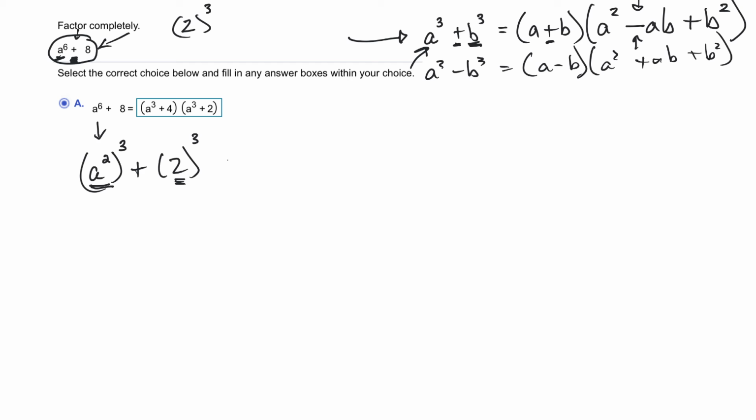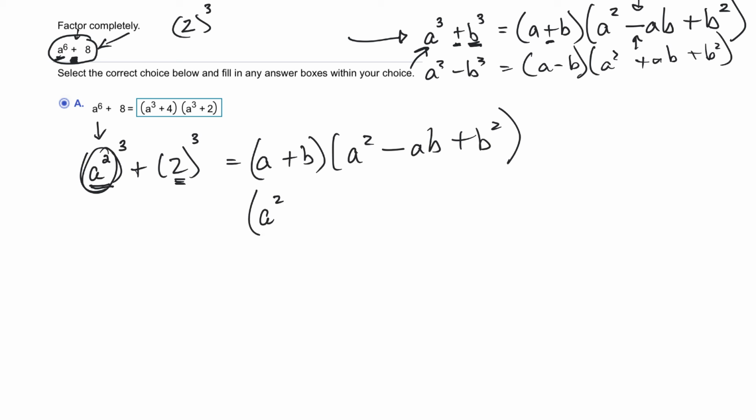Okay, let me write my formula. I'm going to have to put this closer here. So this would be a plus b, a squared minus ab plus b squared. Okay, so a is actually a squared. So this a gets replaced with an a squared plus b is just 2. And then this a here gets replaced with an a squared, but there's still that other squared there.